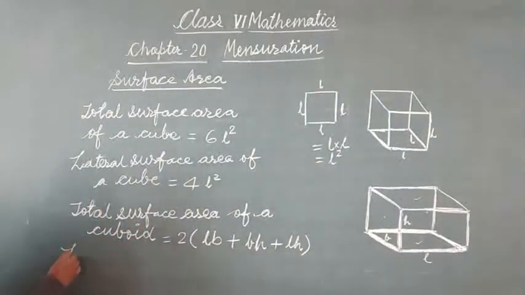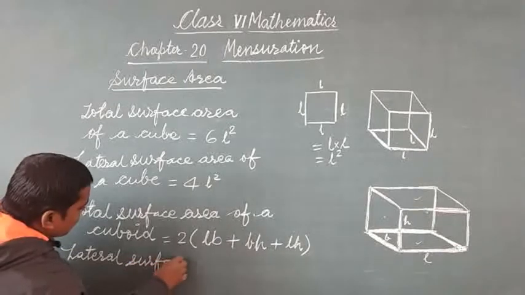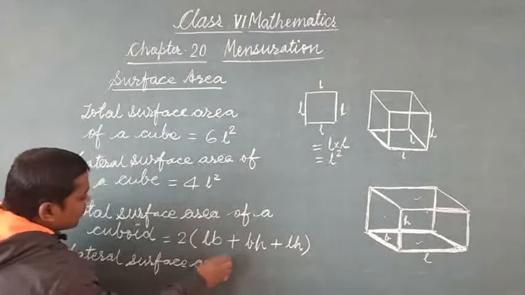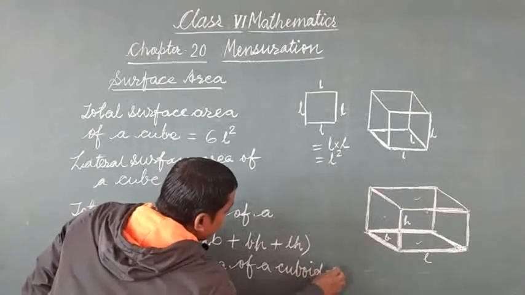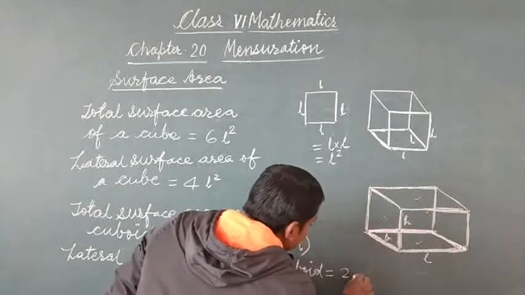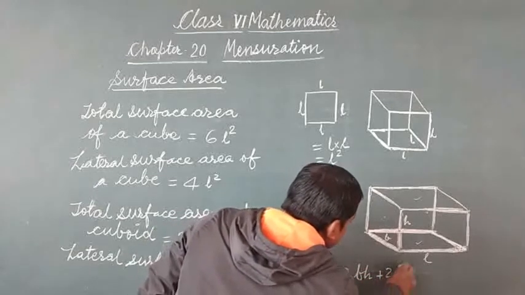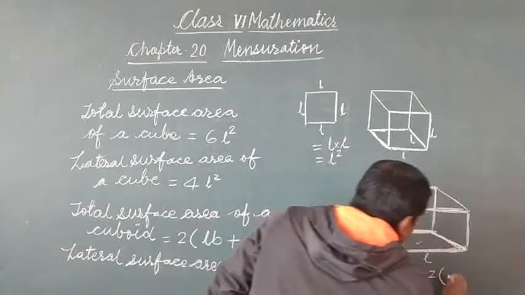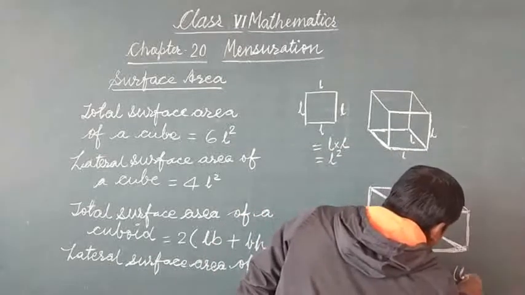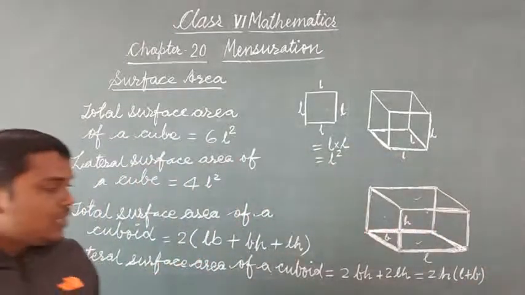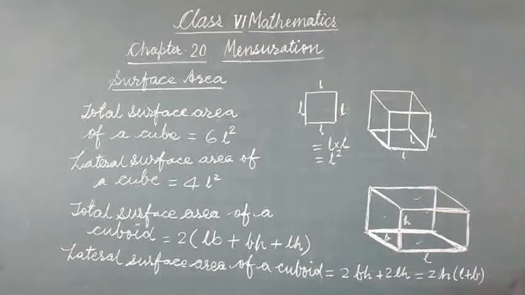So we write lateral surface area of a cuboid is equal to 2 times BH plus 2 times LH, and when we take 2 common, H also common, it will come 2 times H into L plus B. So this will be the required lateral surface area for a cuboid, and here is the total surface area of the cuboid.